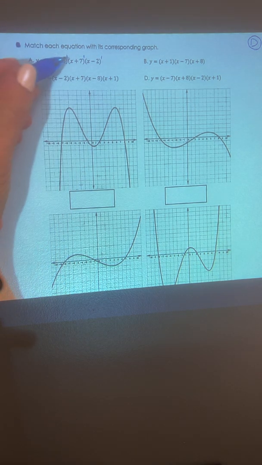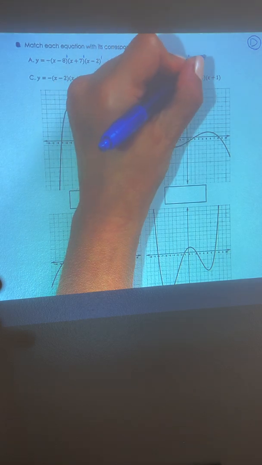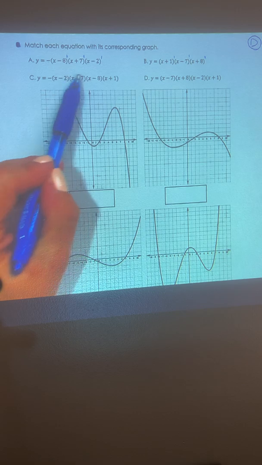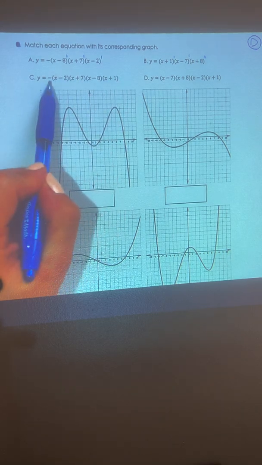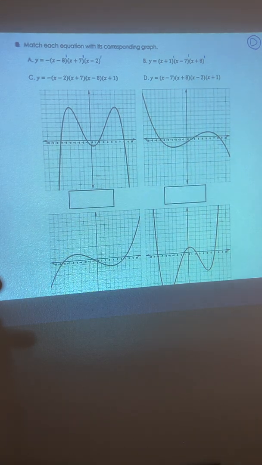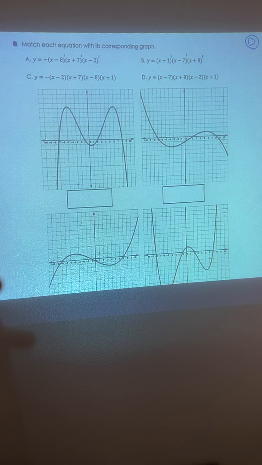So here, this is odd, negative. So which one is odd, negative? Here, 1, 2, 3. That's odd, positive. Here, 1, 2, 3, 4. This is even negative. Here, 1, 2, 3, 4. This is even positive. So it's just a matter of deciding what's what. Okay, so give yourself a minute to think about it. Okay, and decide.